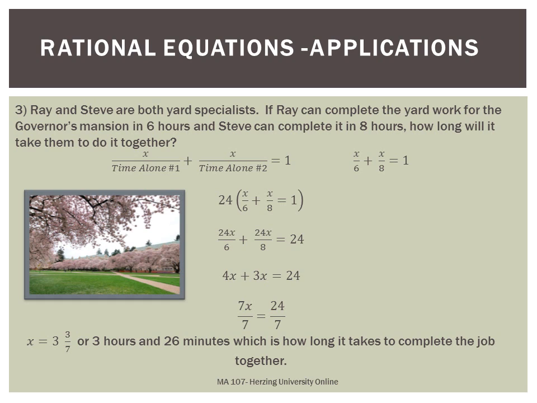This simplifies to 4x plus 3x equals 24, which is 7x equaling 24. Divide both sides by 7 and x equals 3 3/7, or 3 hours and 26 minutes, which is how long it takes to complete the job together.